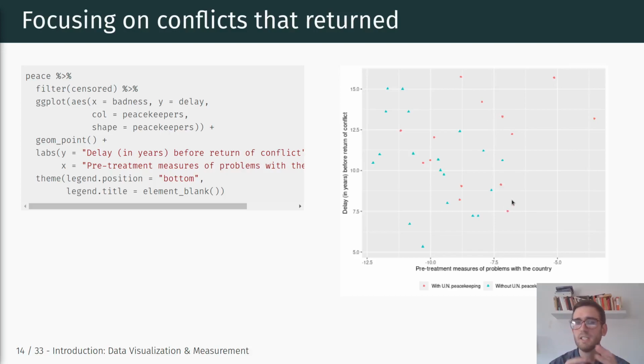So even if we focus on the wrong cases that I didn't want to focus on, which is the ones that didn't return to civil war, we'll see that on average the conflicts where UN peacekeeping missions were performed were the ones that had worse preconditions. Okay, so you see that result here as well. But I'm going to fix this filtering before I upload the slides.